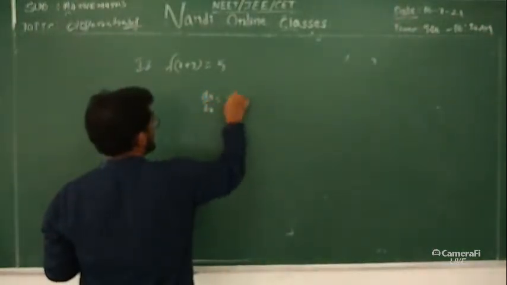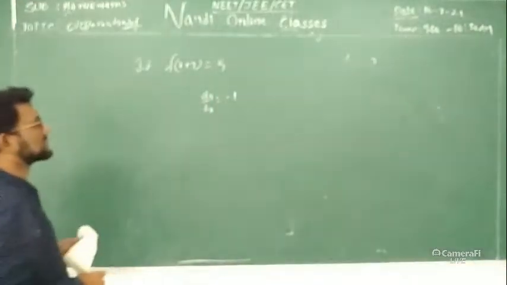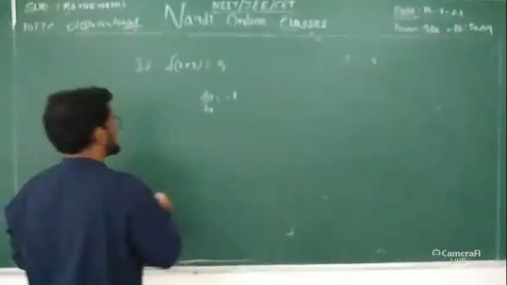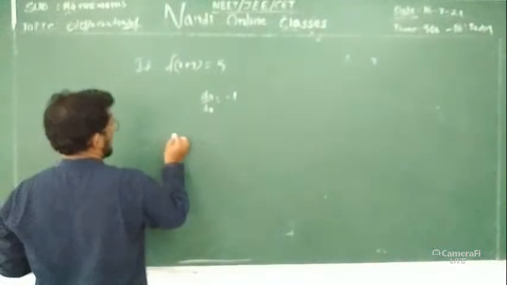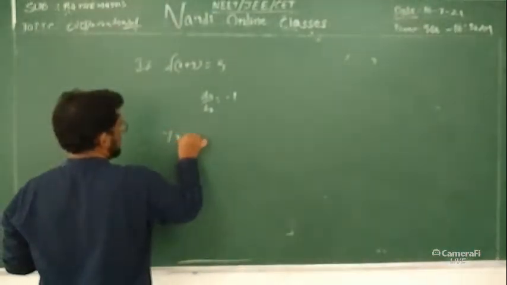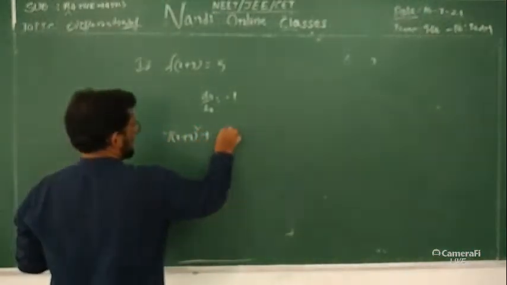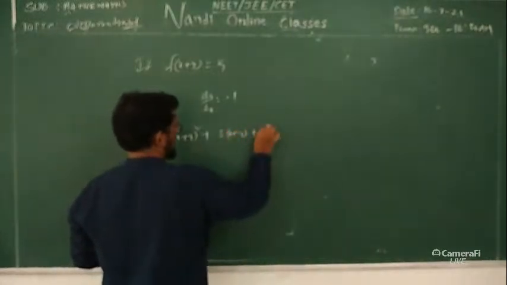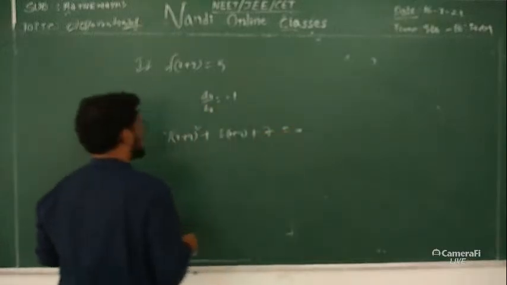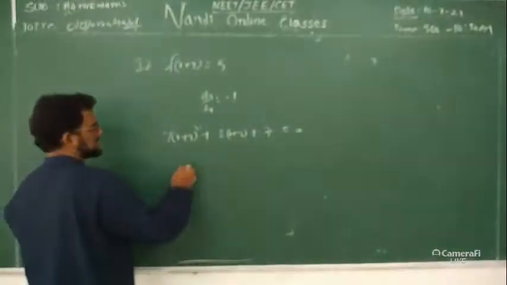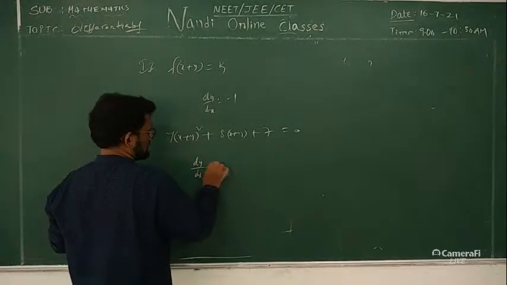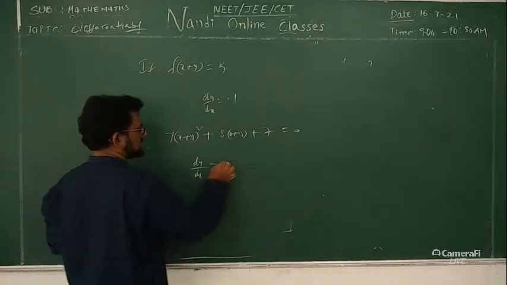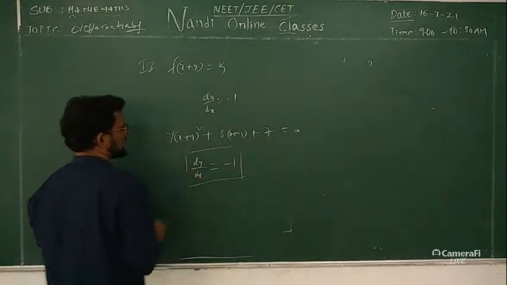Your dy by dx is minus 1 always. Let us have some problem. One example: 7 into (x plus y) whole square plus 8 into (x plus y) plus 7 is equal to 0. So what would be the dy by dx? Straight away we can write minus 1.